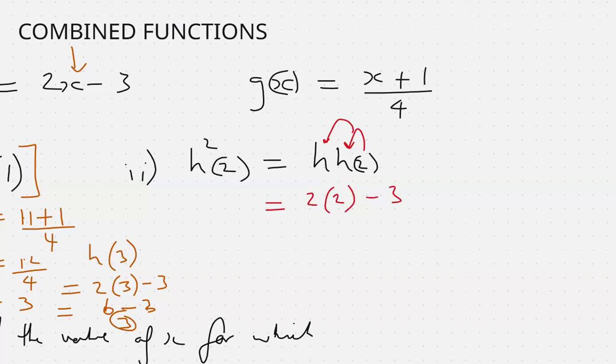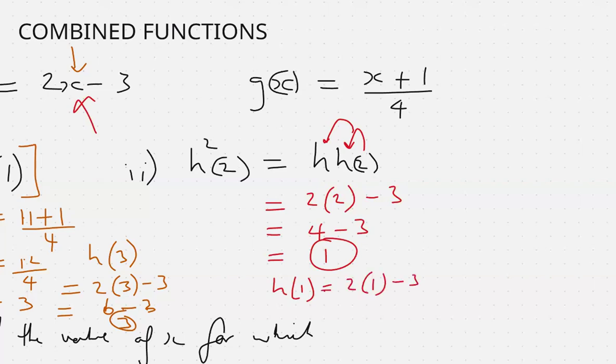Then you take the 1 and put it back into h again. So h of 1 is equal to 2 times 1 minus 3, which is 2 minus 3, equal to minus 1. That's the answer.